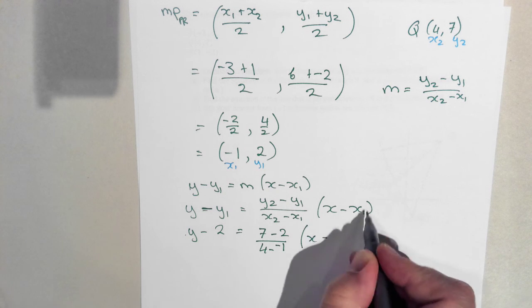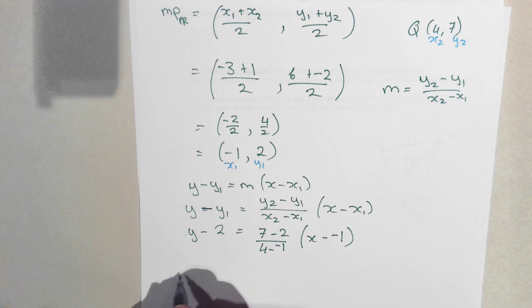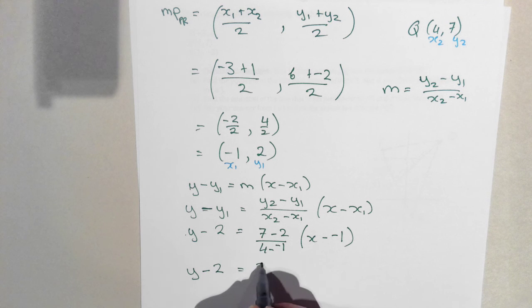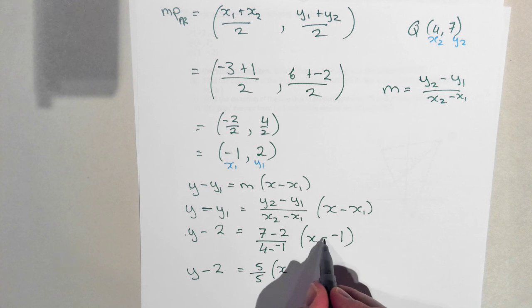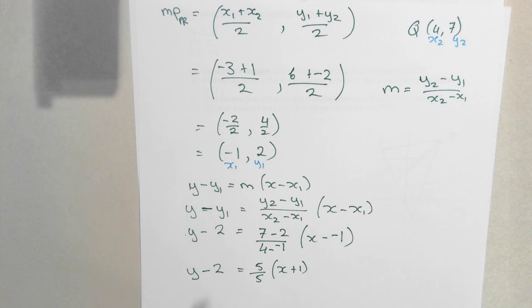Bracket x take away x1, which is minus 1. Okay, simplifying. Y take away 2. Now 7 take away 2 is 5. 4 minus negative 1, so minus and negative makes a plus. 4 minus negative 1 becomes 5. X, now take away negative 1, take away negative becomes a plus. So remembering all our BIDMAS rules.